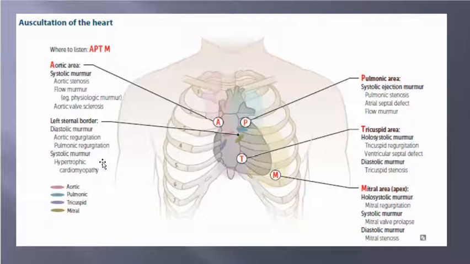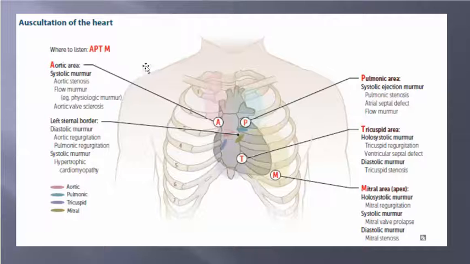And then systolic murmur will be a hypertrophic cardiomyopathy. So you're going to have an enlargement of the heart of some sort, thickening for systolic. And pulmonic area, this is where your systolic ejection murmur occurs. Pulmonic stenosis, atrial septal defect, or flow murmur.